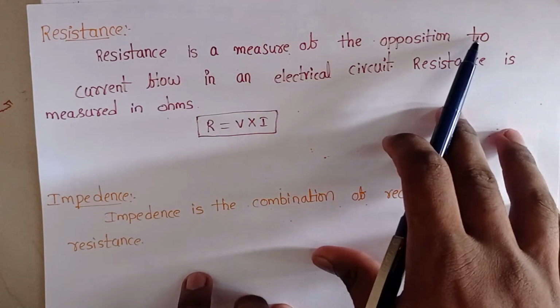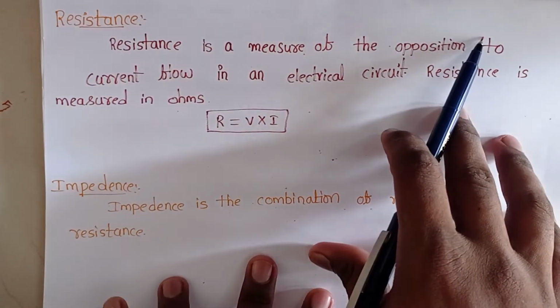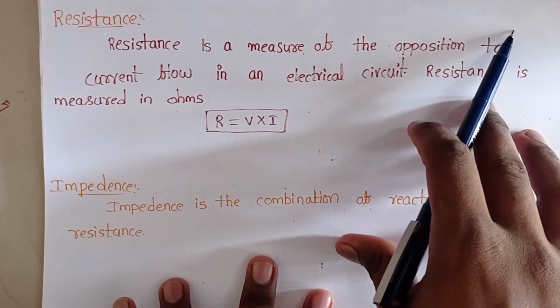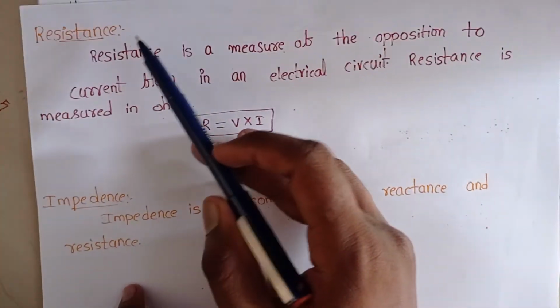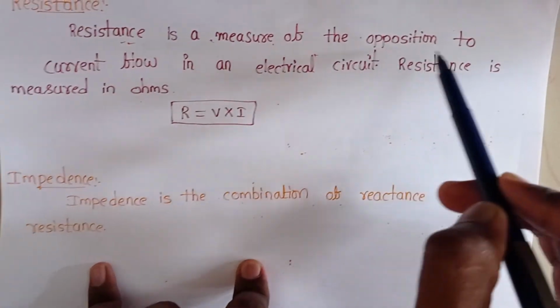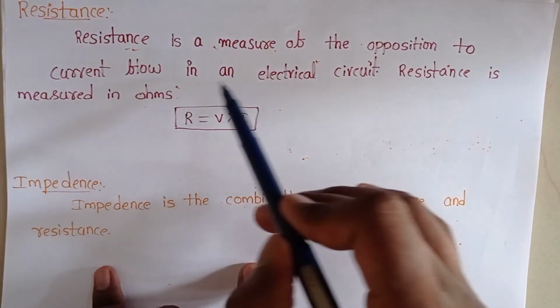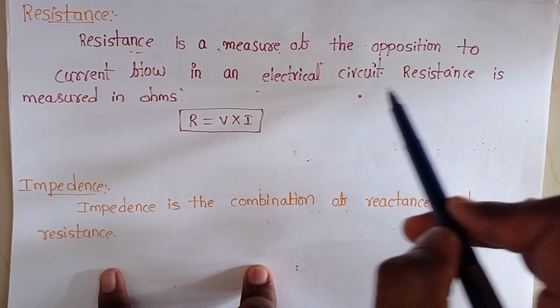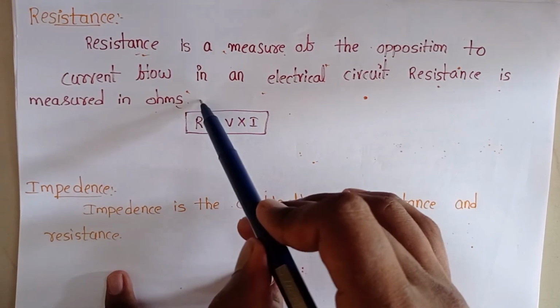Resistance is the opposing nature to a current. The definition: resistance is the measure of the opposition to current flow in an electrical circuit. Resistance is measured in ohms.